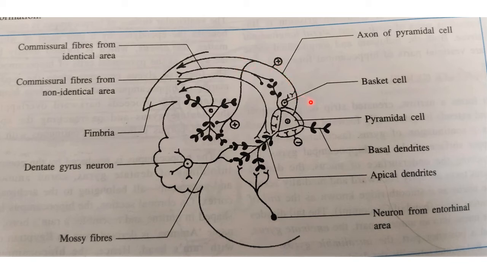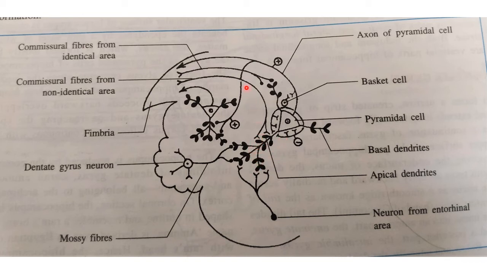Then the basal dendrites receive commissural fibers from the identical regions of the opposite hippocampus, the same area on the other side. Whereas the apical dendrites receive commissural fibers from the non-identical regions.